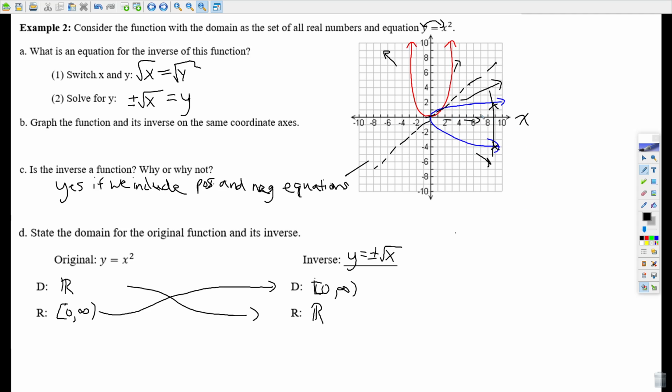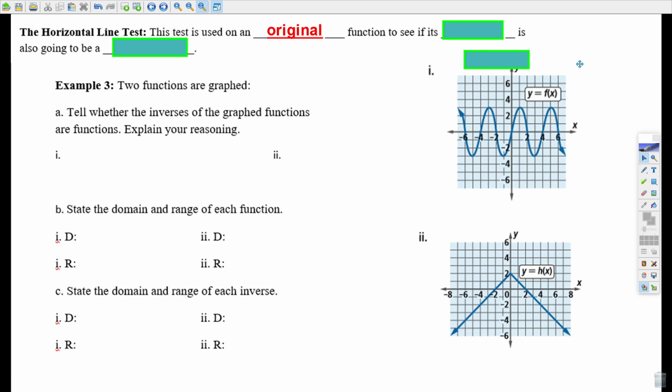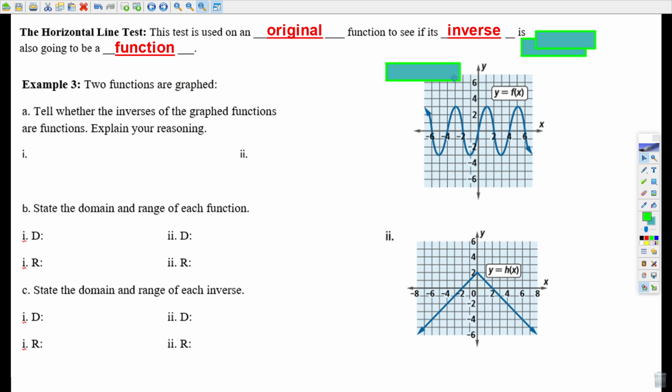Anywhere pretty much over here, you'd hit twice. So if you want to test to see if the inverse is a function, you do the horizontal line test. This is used on the original function to see if its inverse is also going to be a function. So you don't have to draw one necessarily. We're just going to do the horizontal line test, going across left to right now.